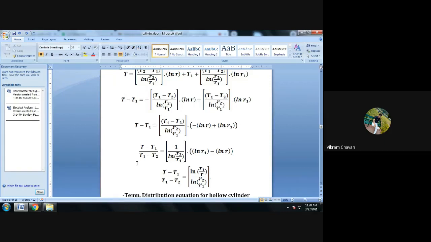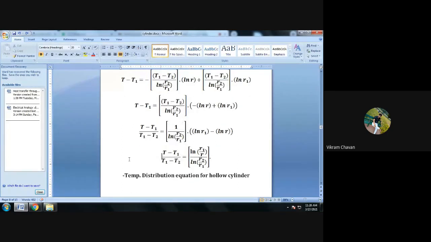Getting everyone? Whether you understood how to determine the temperature distribution equation for a hollow cylinder? Please let me know in the chat box.